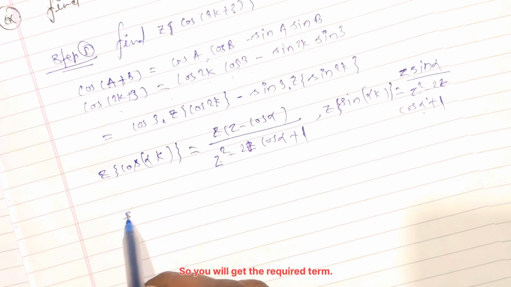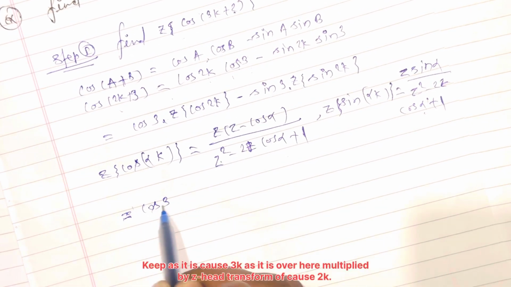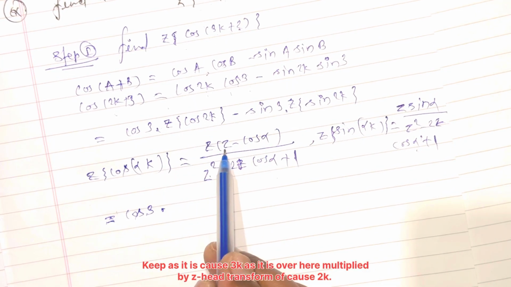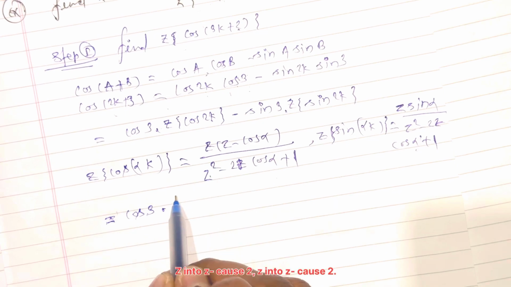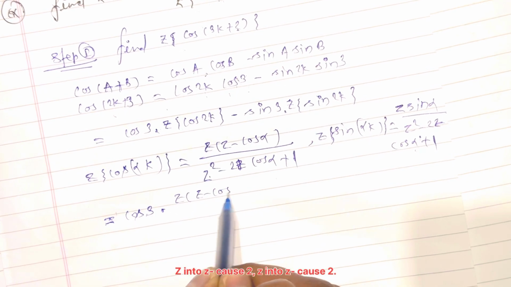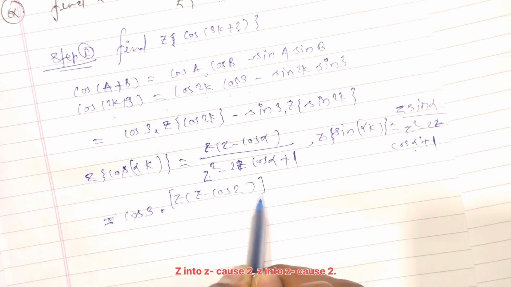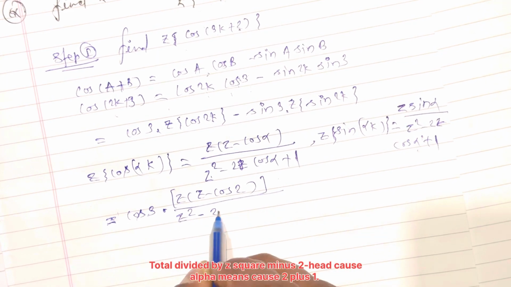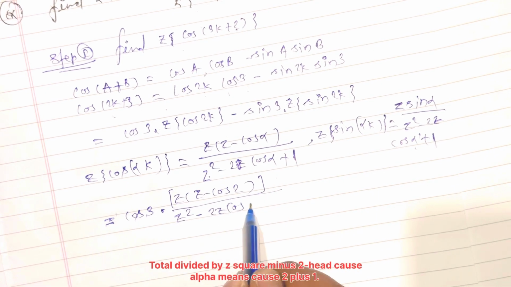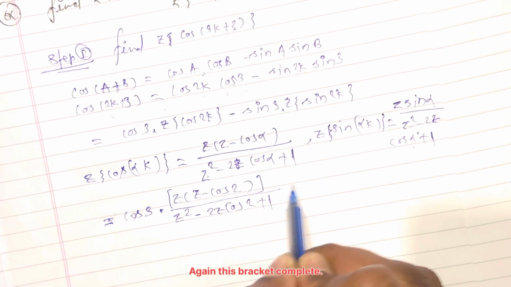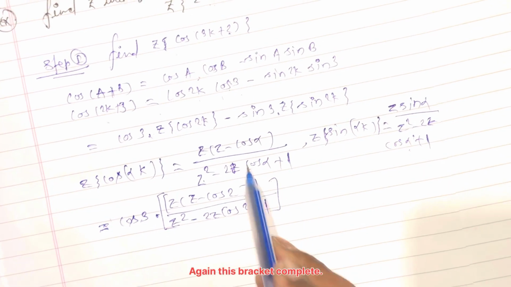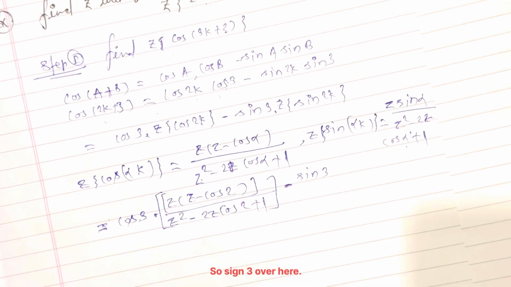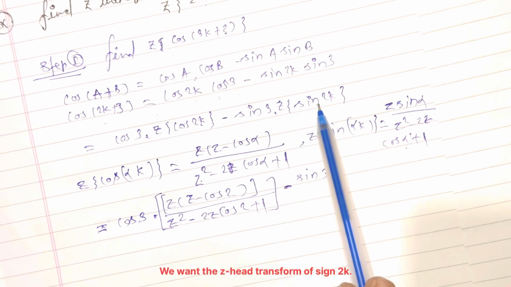Keep cos 3 as it is, multiplied by the z transform of cos 2k: z into z minus cos 2, divided by z square minus 2z cos 2 plus 1. This bracket is complete. Then minus sin 3, and we want the z transform of sin 2k.